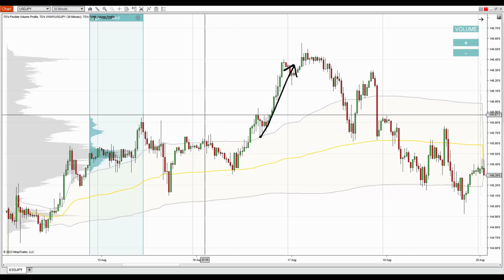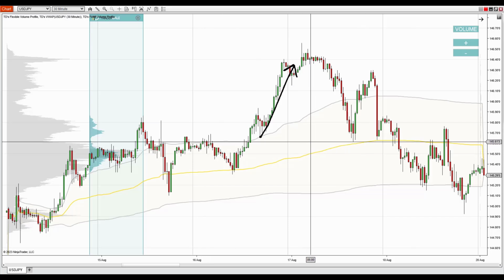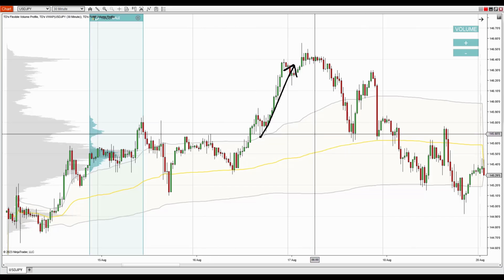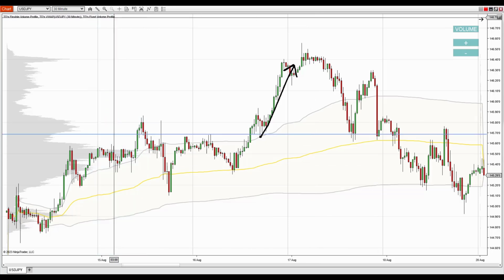Now, one more thing to notice here is, if I print a line here and delete this volume profile, that the price reacted to this zone in the past, telling us that this was a resistance.